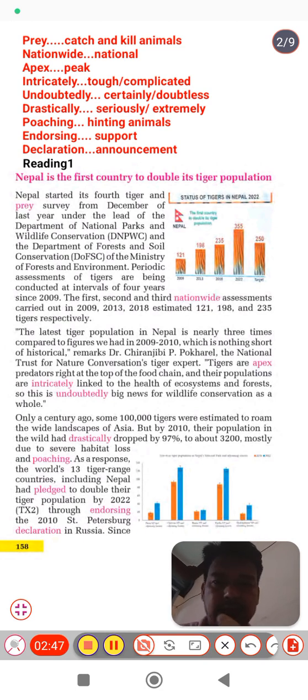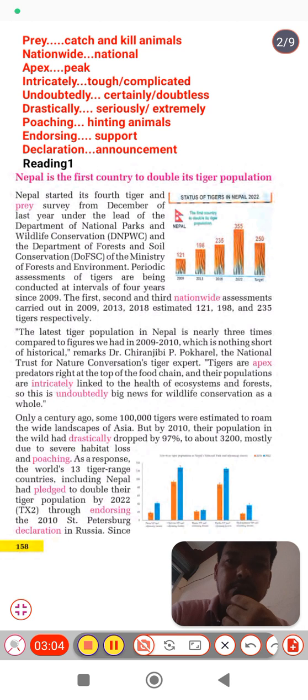Here is the text, students, that is reading 1: Nepal is the first country to double its tiger population. This is the topic we are going to discuss over here.